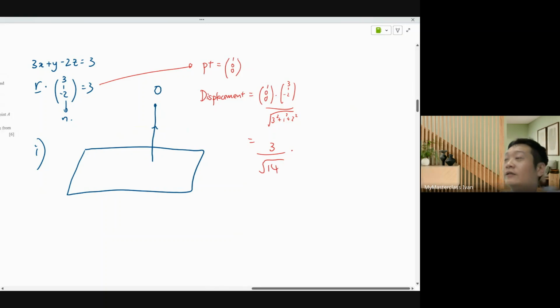That's the displacement. If you get a negative, what does it mean? You can modulus it, because displacement talks about the direction. No, because it's r dot n hat only. You only use n hat.